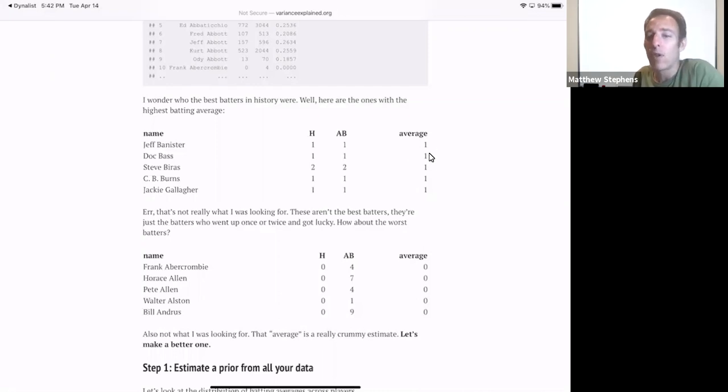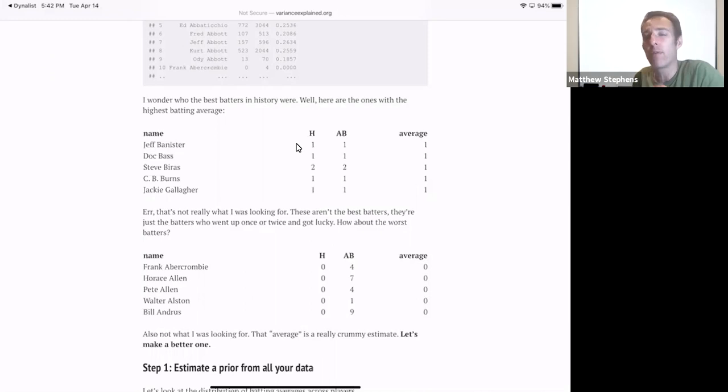So 1 is a ridiculously high batting average. One way of thinking about it is that the maximum likelihood estimate of Jeff Bannister's batting average, which is 1, is not actually a very plausible estimate of their batting average.